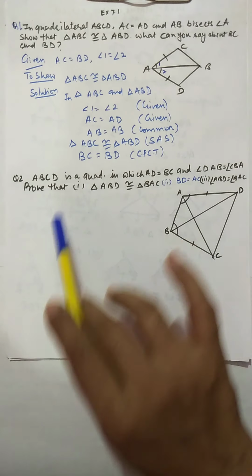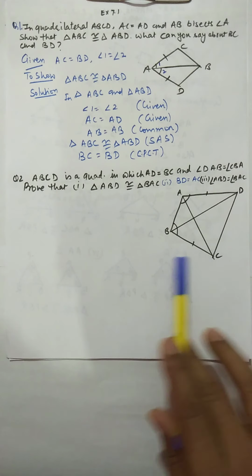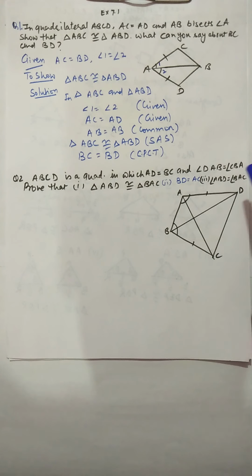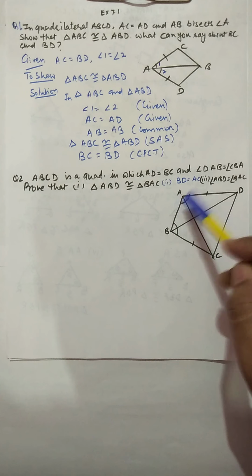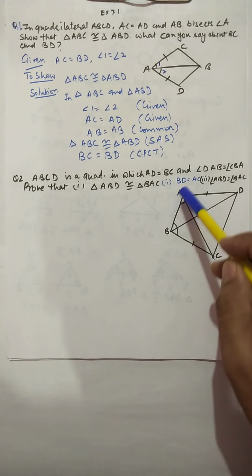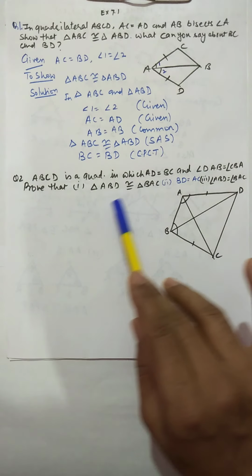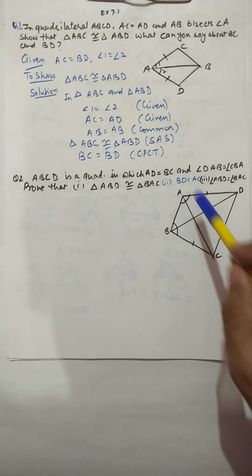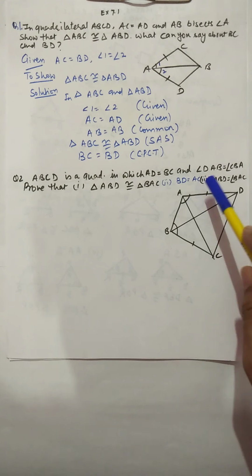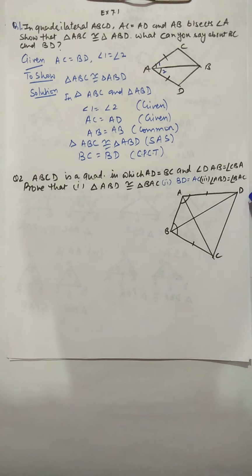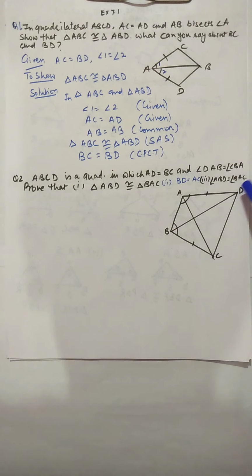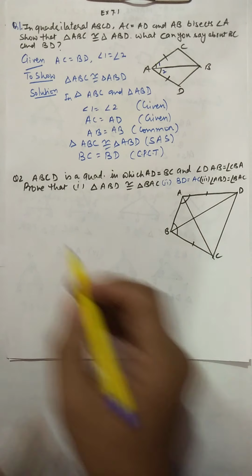Now see this figure, ABCD is a quadrilateral in which AD equal to BC, this is given, DAB, this angle is equal to CBA, this angle, and you have to prove that triangle ABD congruent triangle BAC, and BD equal to AC you have to prove, and angle ABD is equal to angle BAC. So now we are going to prove this.